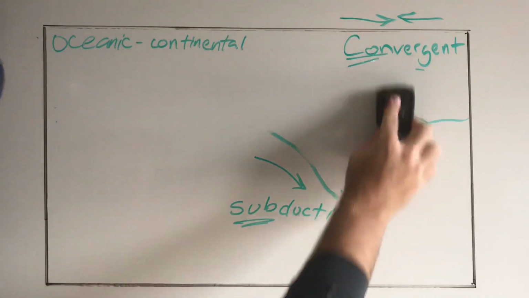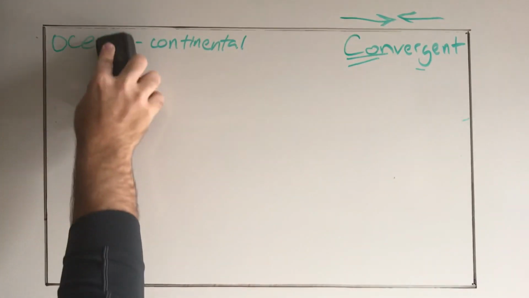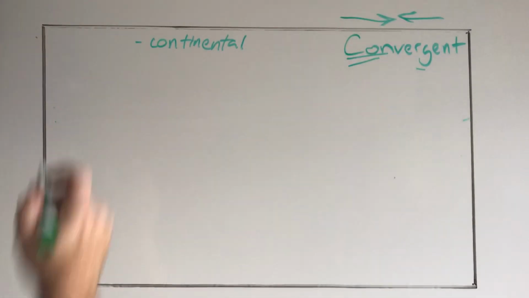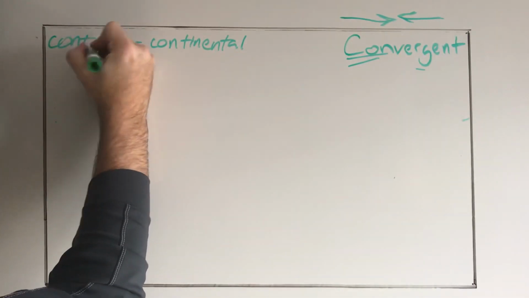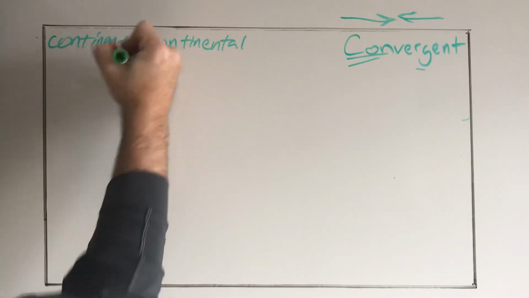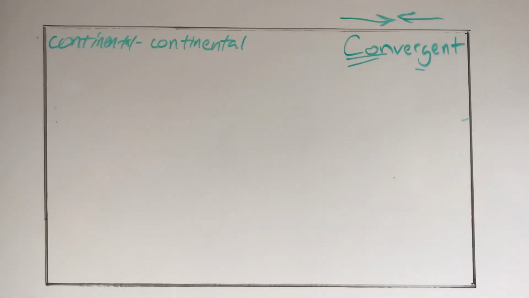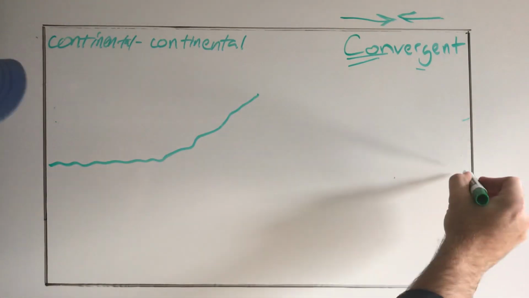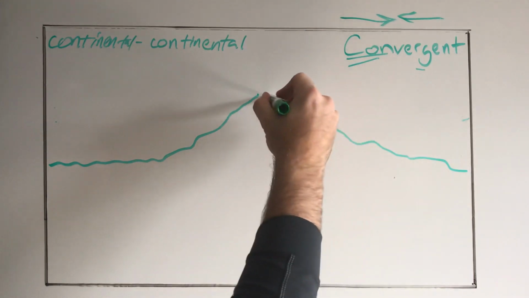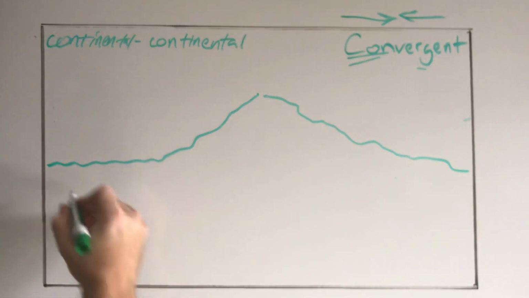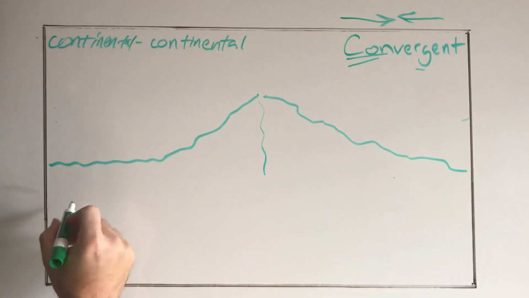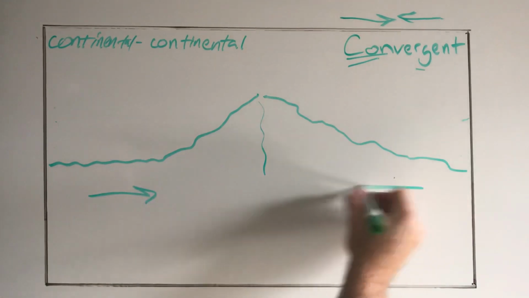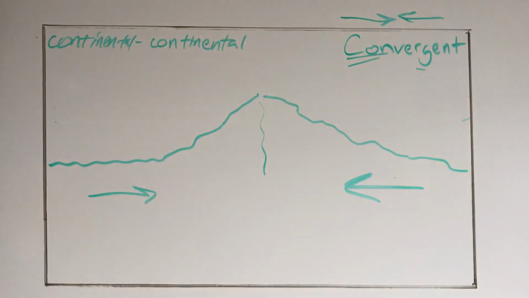Now let's change up a little bit, and let's just do continental, try to fit it in there. Continental convergent. Same thing, you've got two crusts that are coming near each other, except for this time, when they collide, they're going to be smashing into each other, and they're going to be folding to create a large range of mountains.